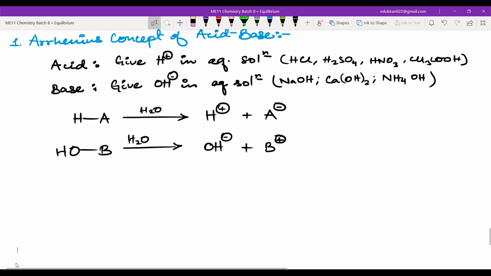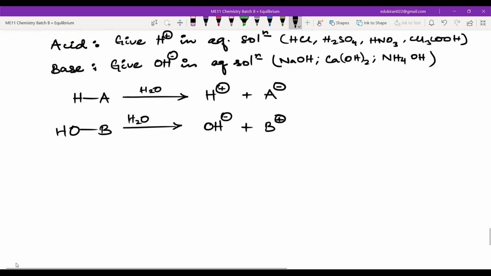Now, according to Arrhenius, you can write here the concept of strong acids and strong bases, right?